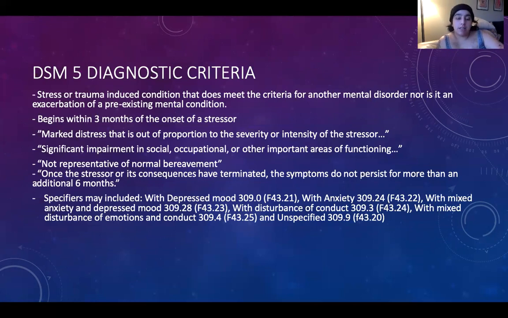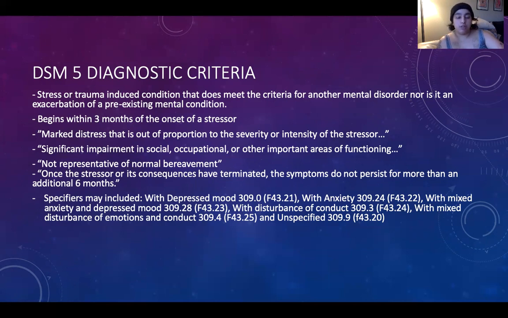Getting into the diagnostic criteria in the DSM-5, on this more finalized understanding of adjustment disorder, it's described as a stress or trauma-induced condition that does not meet the criteria for another mental disorder, nor is it an exacerbation of a pre-existing mental condition.